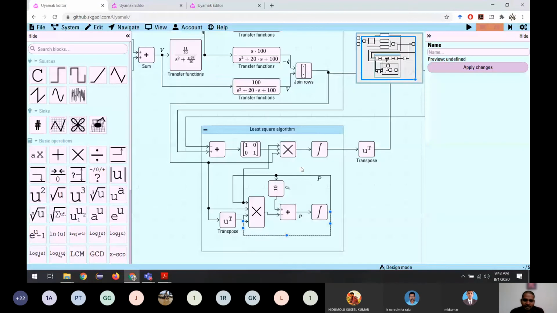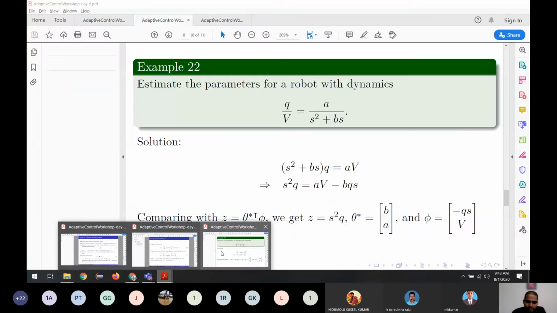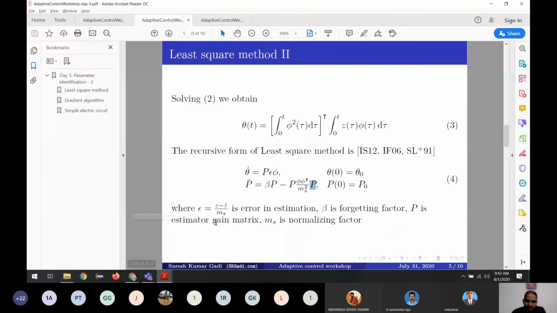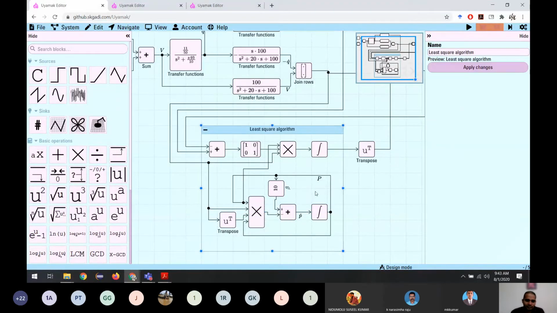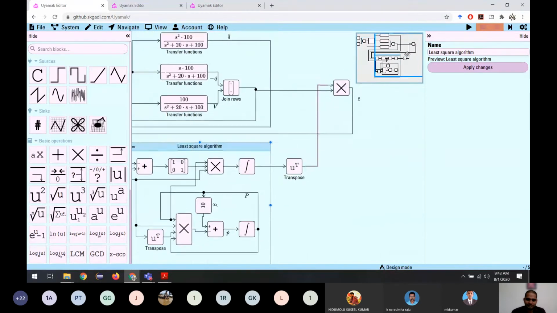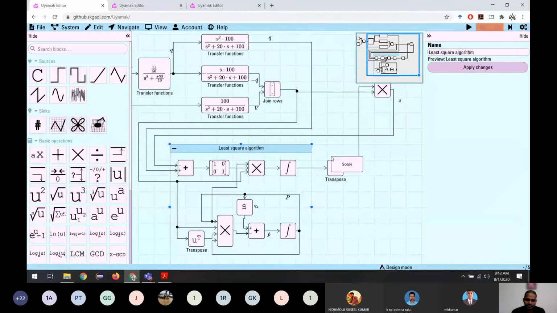I will use it in the future. This is the second term we are getting, P, phi, phi transpose, P. Multiplying this, we get this. This is the algorithm. Here I was very careful to select the order of multiplication. Okay, so let us see the result. I didn't draw the result for this. Let us put a scope to see the result.